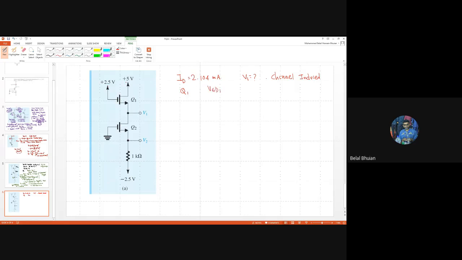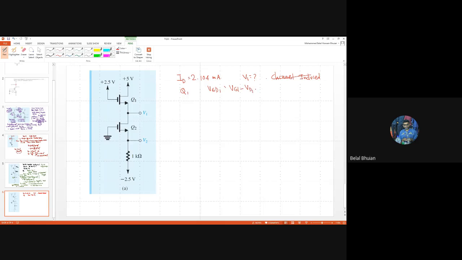This is our gate. Sir, a question. Since we have found that the channel is induced in Q2, yes, actually in fact there is a current flowing, so there is a channel induced. Yes sir, the channel will definitely be induced, otherwise Q1 would not, since basically it is a straight branch line, just a single series. Yes, very good, thank you.